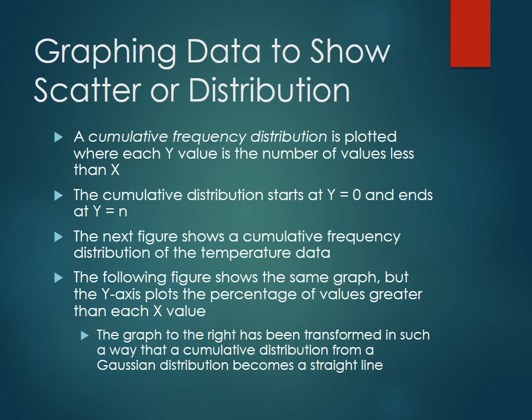Okay. We can also graph the data to help us show scatter or distribution. So we can look at cumulative frequency distributions. I don't see these too frequently being done in the medical literature. Certainly you might see some of those histograms popping up, especially if it's looking at large bunches of data. But here you're going to see a line graph where every value on the y coordinate is going to be all of the values below.